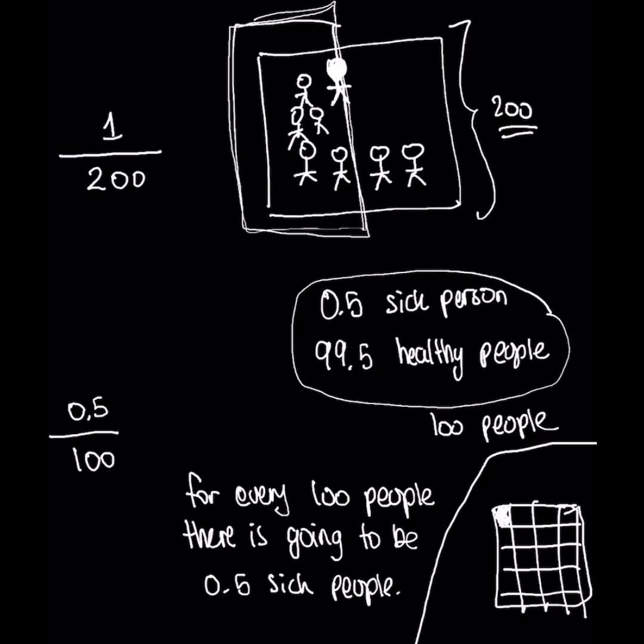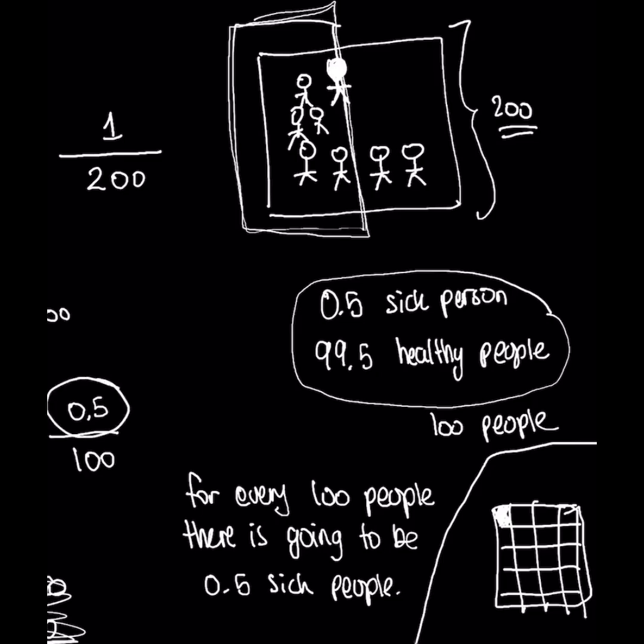It's not that there's 100 people and then there's half of a sick person, or 100 people and then there's one person who's sick. It's not like that. You have your 100 people like this, and one of them is going to be sick. So this group has 100 people. But in this case, we have 0.5.